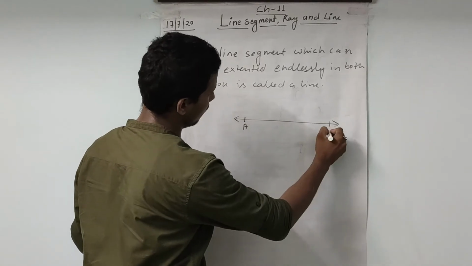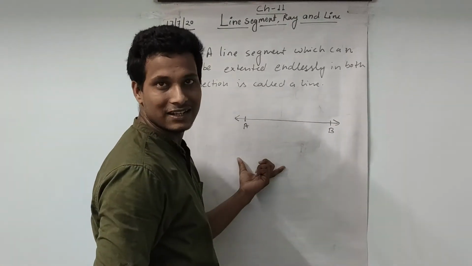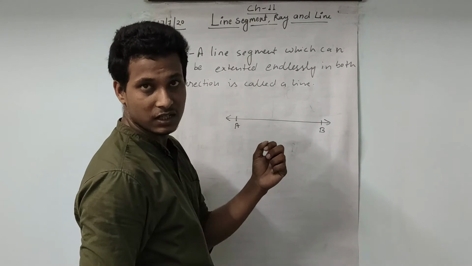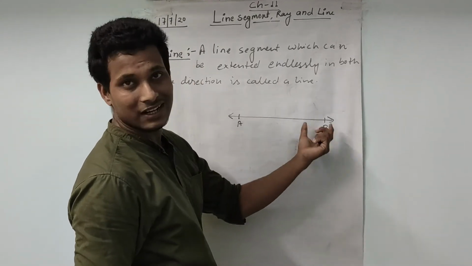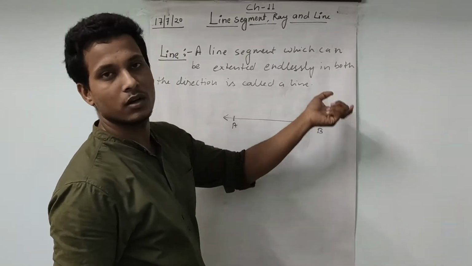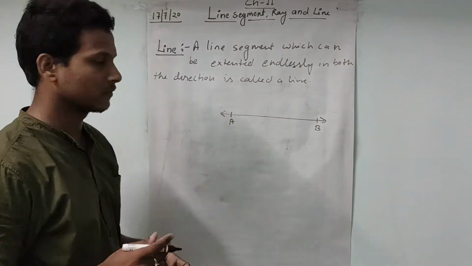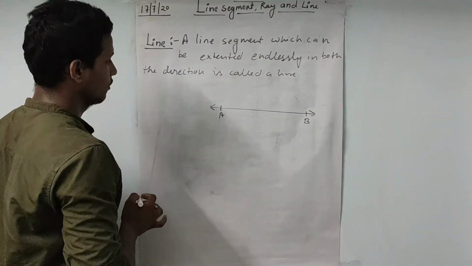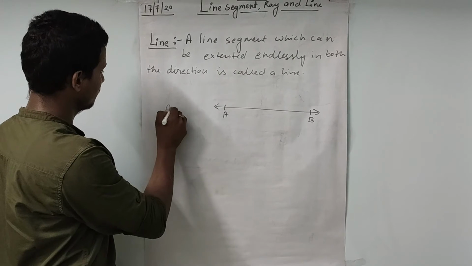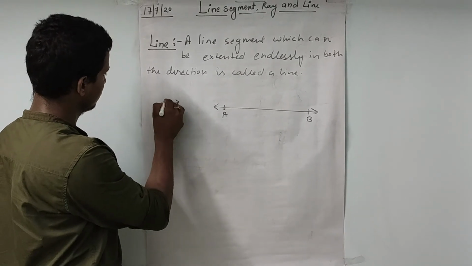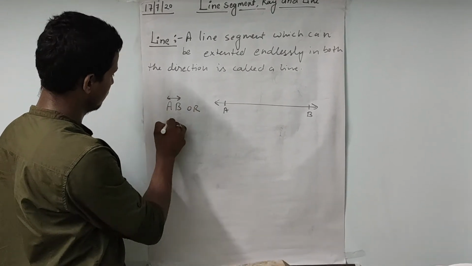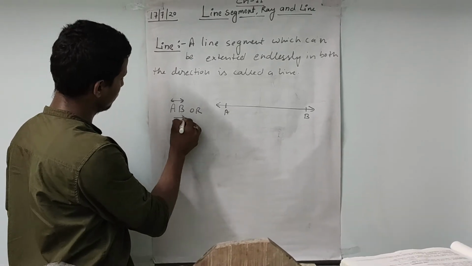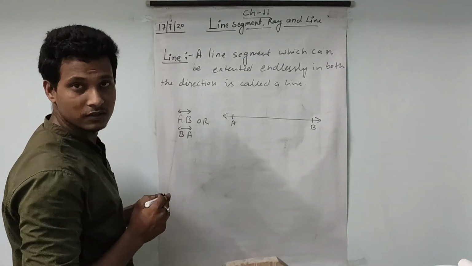Here, both these points are marks of position. These are not end points. They indicate where the line is going. The symbolic representation for a line is this, or you can write this also. Both are the same thing.